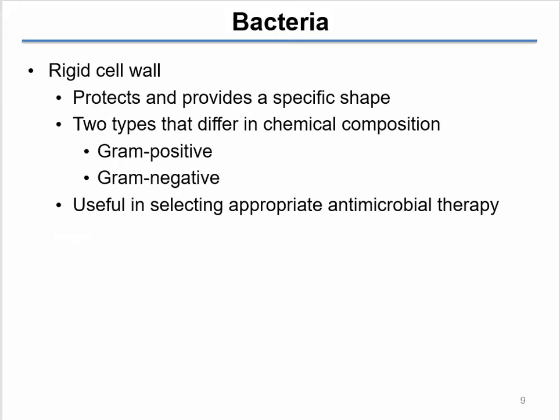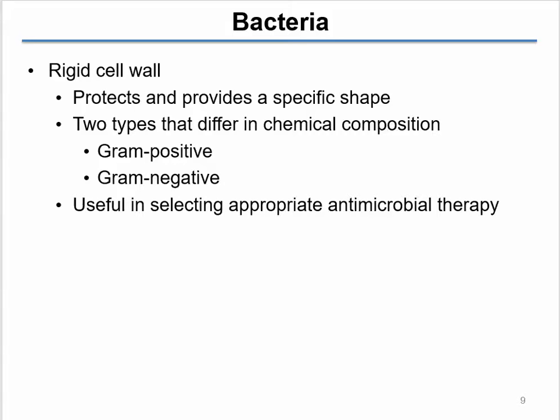So all bacteria have this cell wall, and this is what protects them and gives them a specific shape. And the cell wall has some differences. To a bacteriologist, there are a lot more differences than just this, but from a medical perspective, it's useful to put the cell wall into one of two categories: gram positive and gram negative.